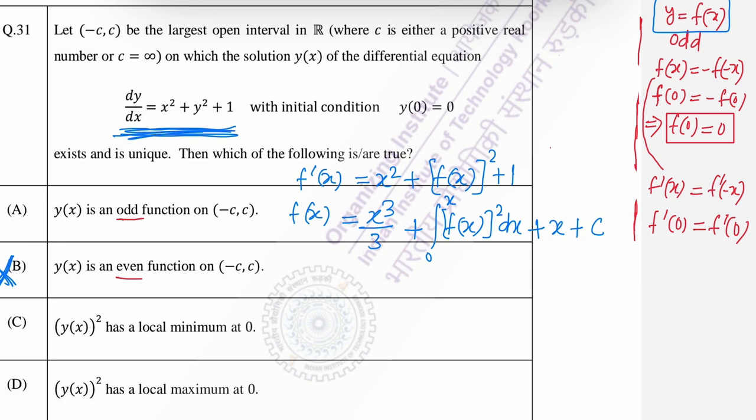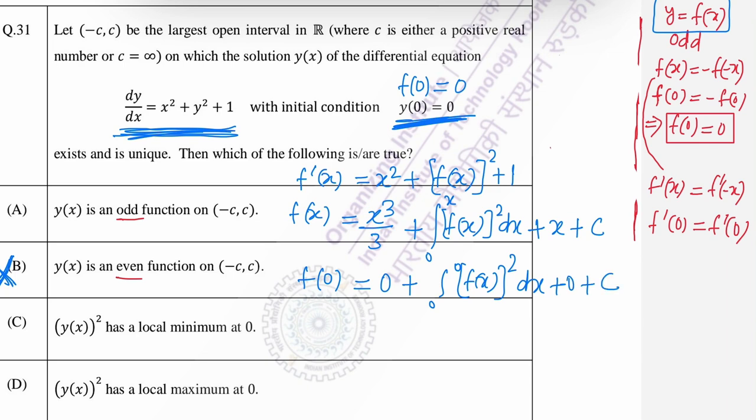Now see the initial condition given in the question. Both are the same. Here I put x equals 0 both sides, then this will be f(0), here will be 0, and this will be the integral from 0 to 0, and here c. And you see in the question it is 0. From this we have c equals 0.